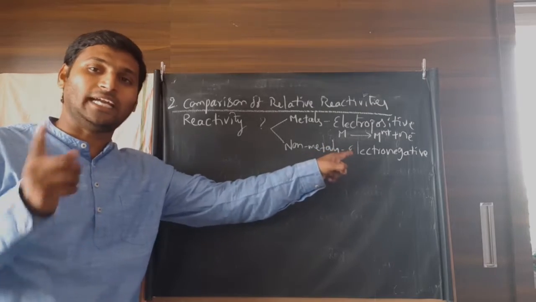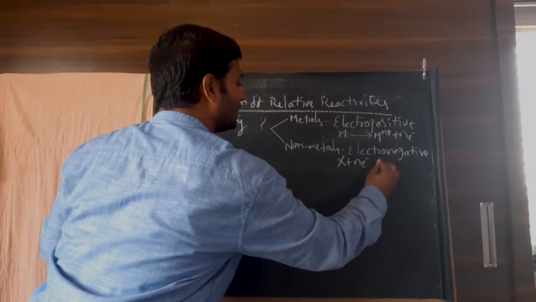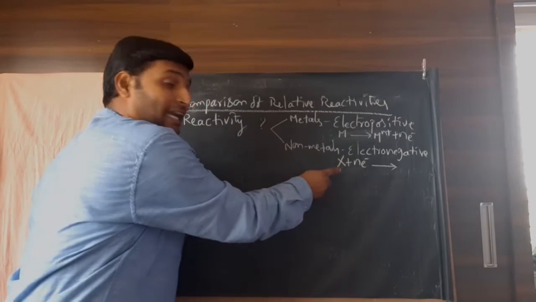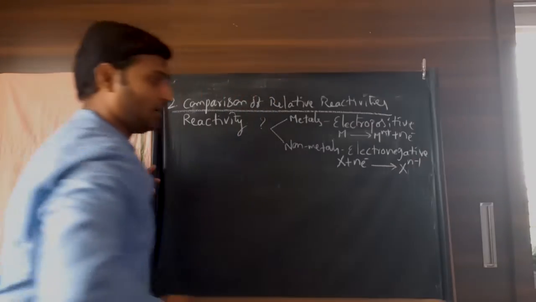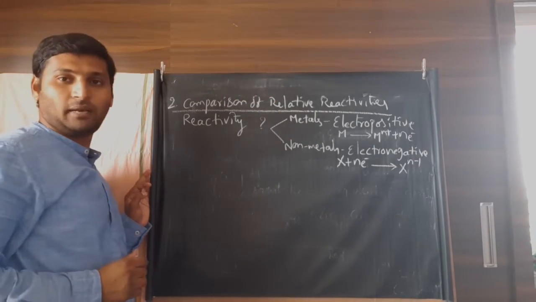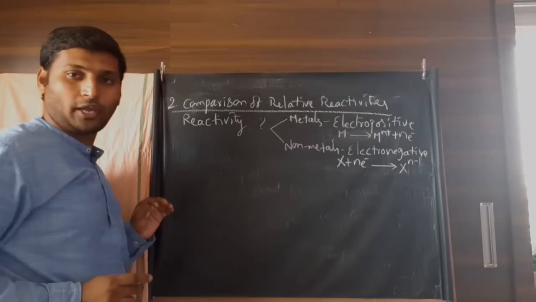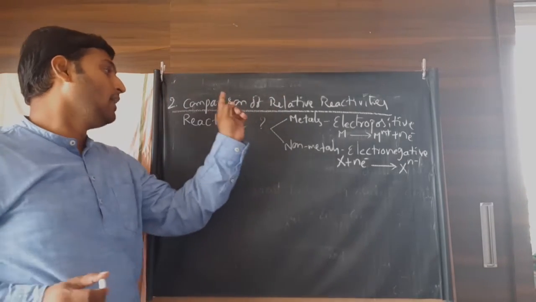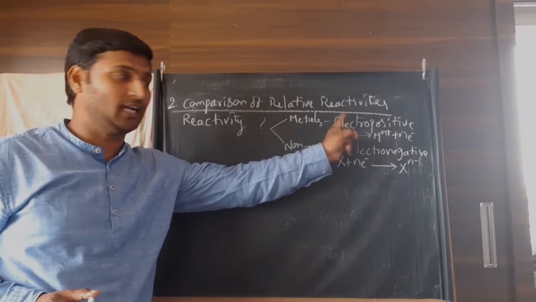Whereas electronegative character is the tendency to gain electrons readily by the isolated atom of that element to form readily the anion, X^n-. So please understand, for metals the reactivity refers to electropositive character.